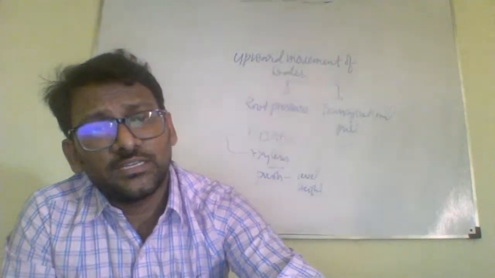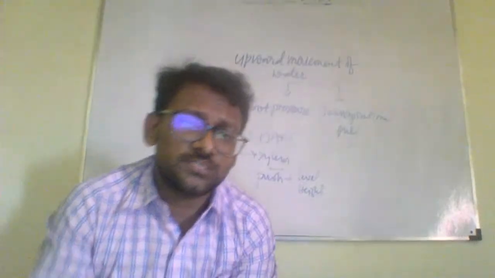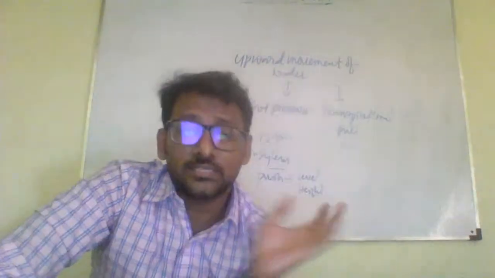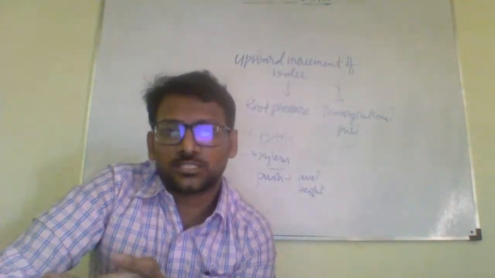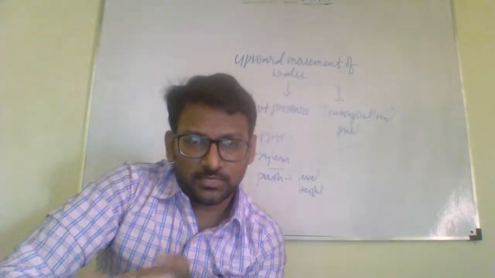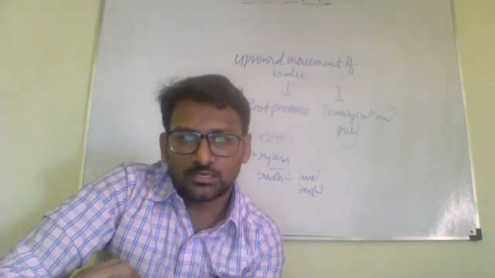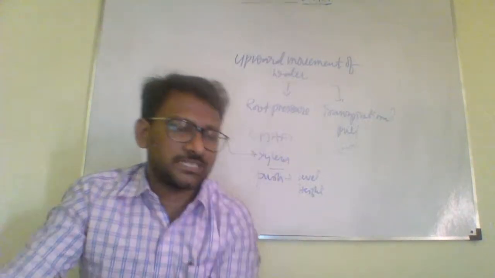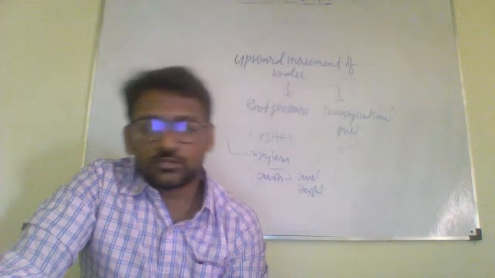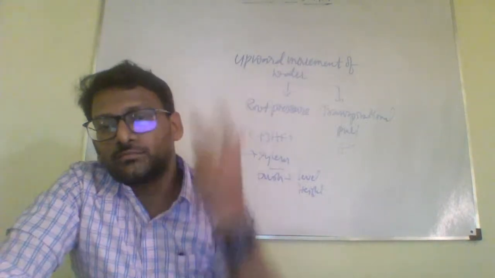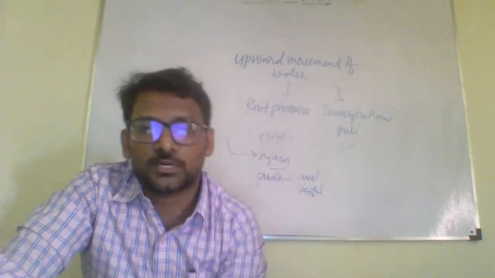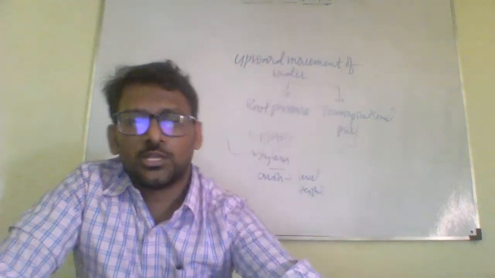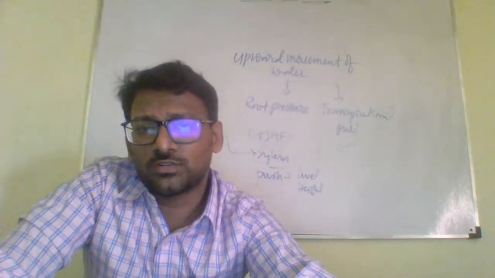And how can you conclude this? You can conclude this by a simple experiment. You can cut the stem, right? You can cut the stem and put it in some colored water, so that you can see that the water would be coming out of the stem cuttings. Why? Because this water is trying to move from the root system to the different parts of the body, and this process is called guttation.